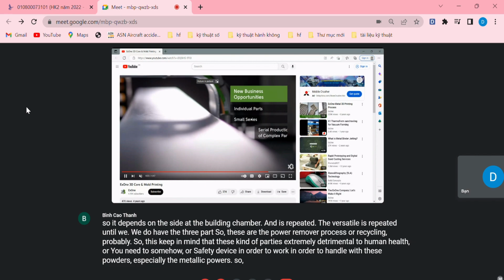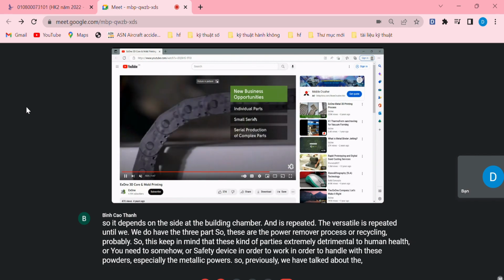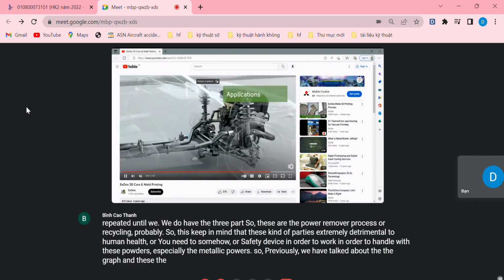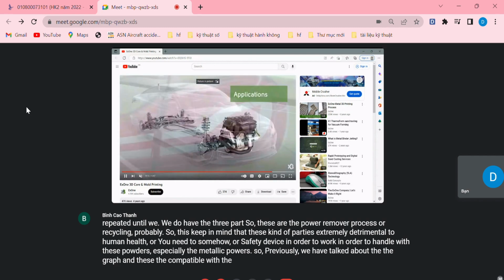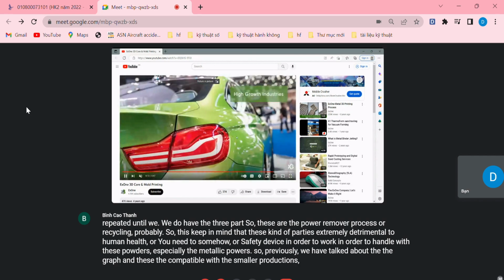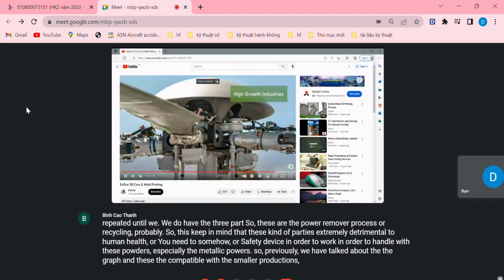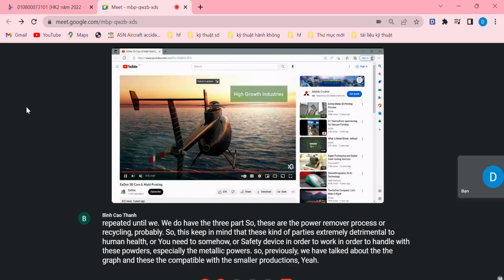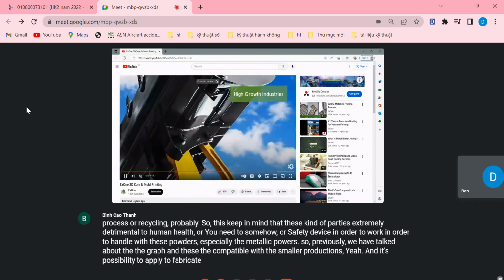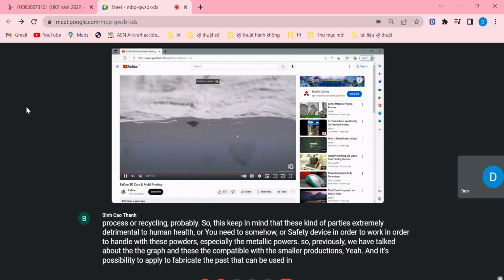So previously we have talked about the graph, and it's compatible with small series production. And there's the possibility to fabricate parts that can be used in the aerospace industry, of course.